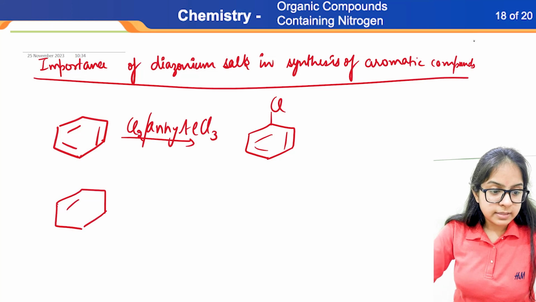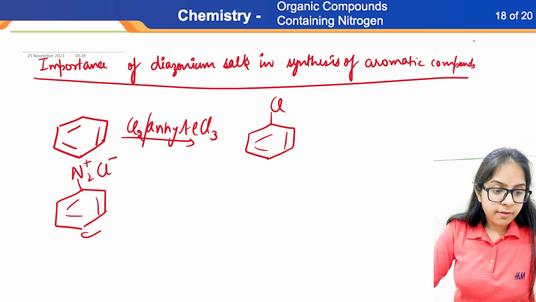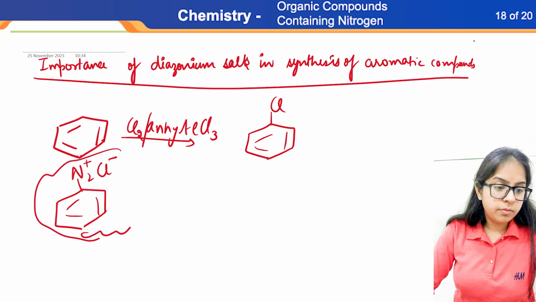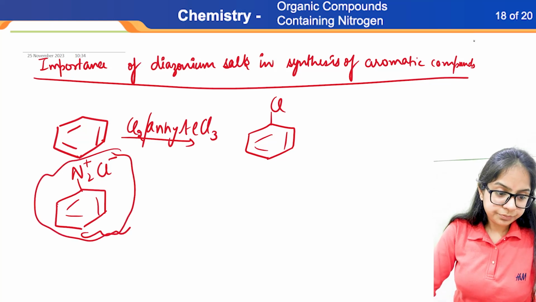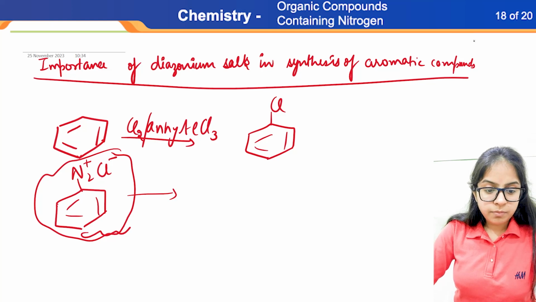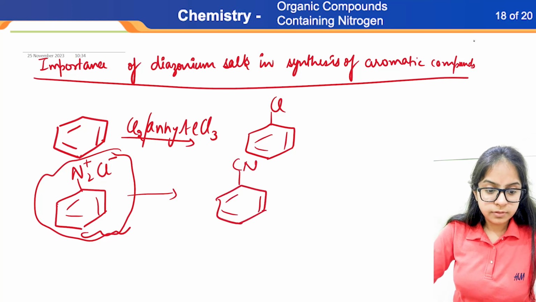The diazonium salt is like this, N2 positive, Cl negative. So this compound has very much importance. You can form CN over here, and you can form Cl from this compound. These diazonium salts are easily formed.